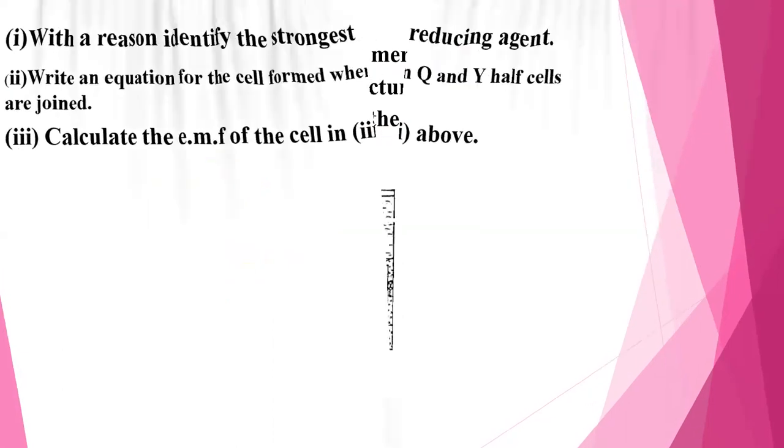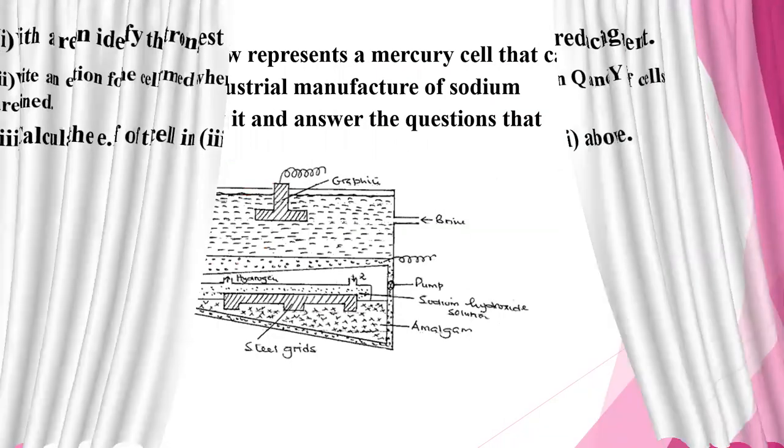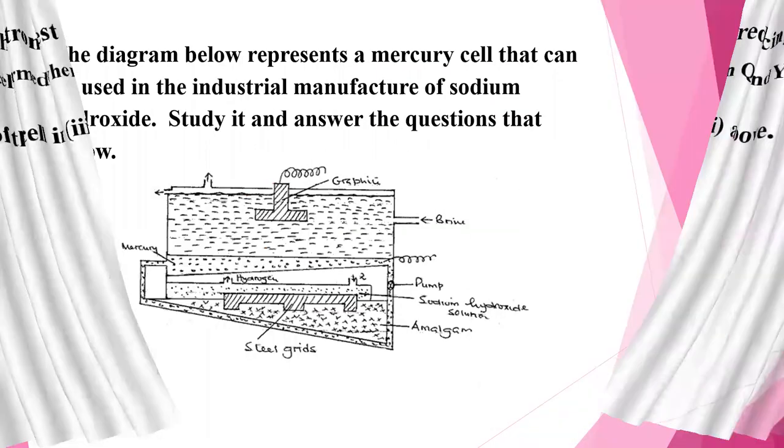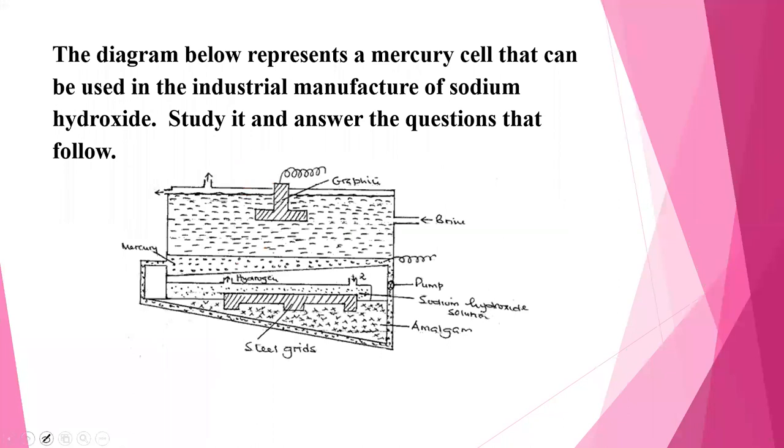Thank you very much. Let's see the last one. The diagram below represents a mercury cell that can be used in industrial manufacture of sodium hydroxide. Study it and answer the questions that follow.